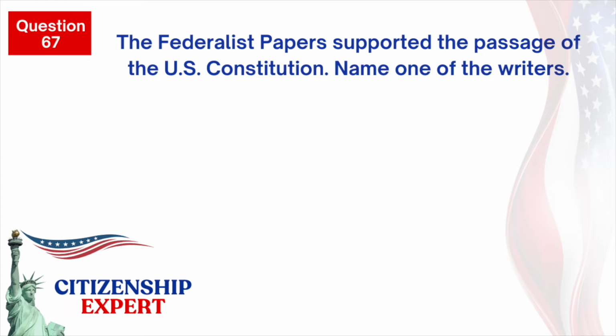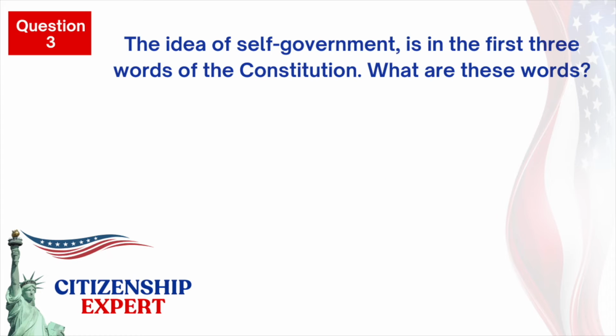The Federalist Papers supported the passage of the U.S. Constitution. Name one of the writers. James Madison. The idea of self-government is in the first three words of the Constitution.